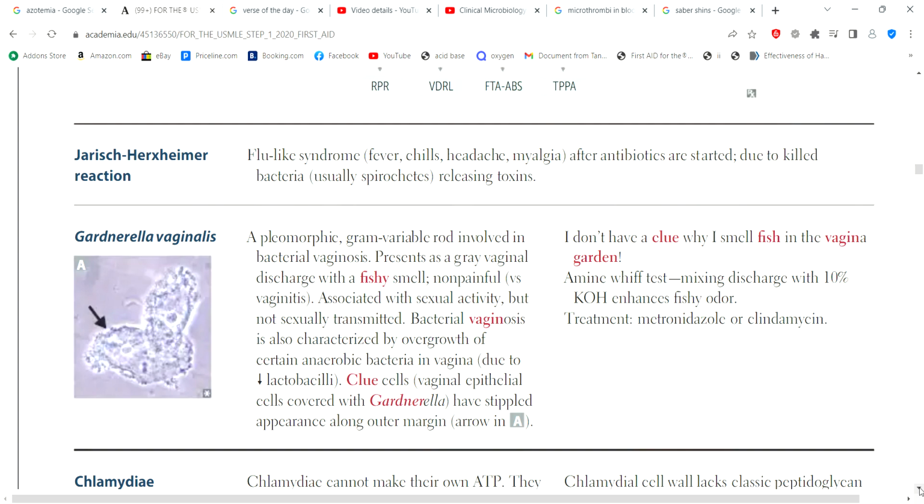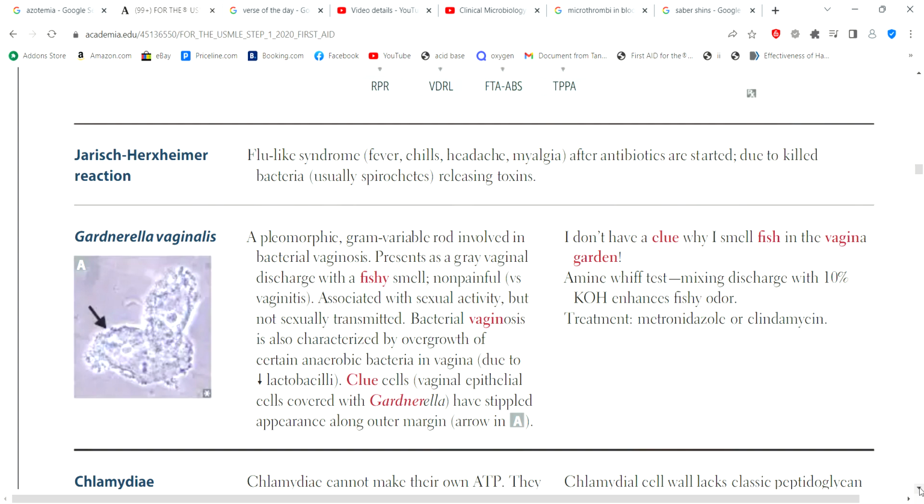Now next we're going to move on to Jarisch-Herxheimer reaction. This is a flu-like symptom that consists of fever, chills, headache, and myalgia after antibiotics are started. This is due to killed bacteria, usually spirochetes, releasing toxins.